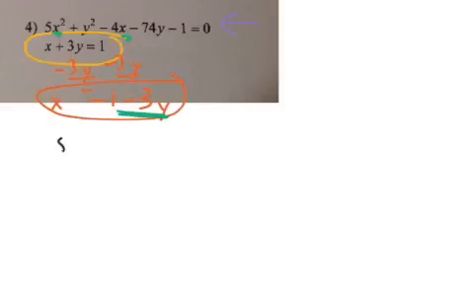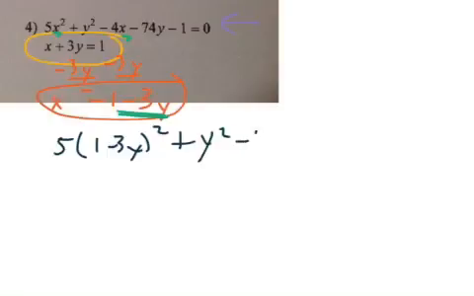So here we go. We got 5x squared. Well, wait a minute. What is x? That's right. x is actually (1 minus 3y) squared. Then we have a plus y squared, a minus 4x. Wait a minute. What's x again? 1 minus 3y.